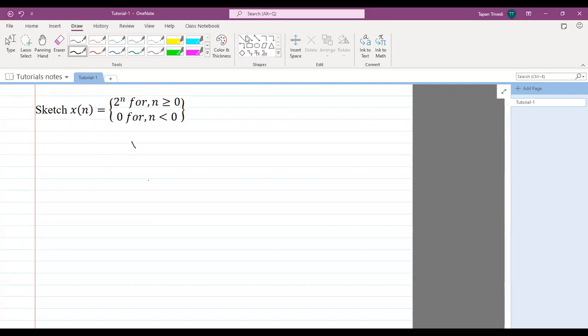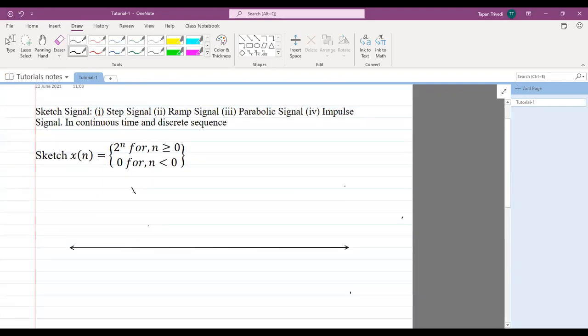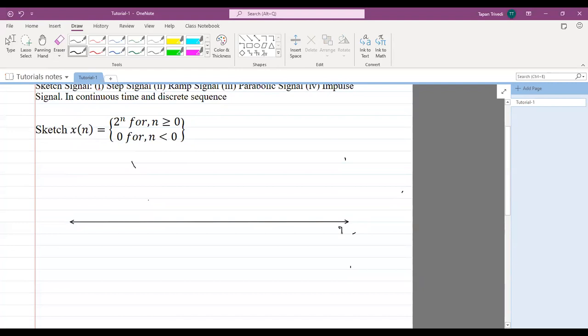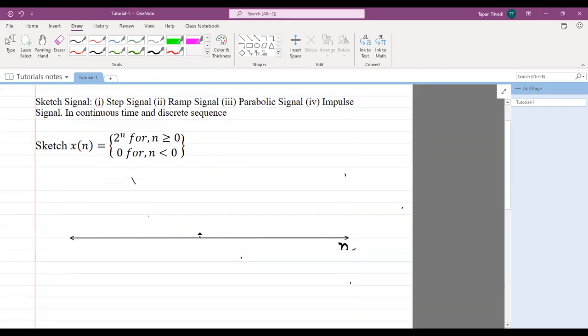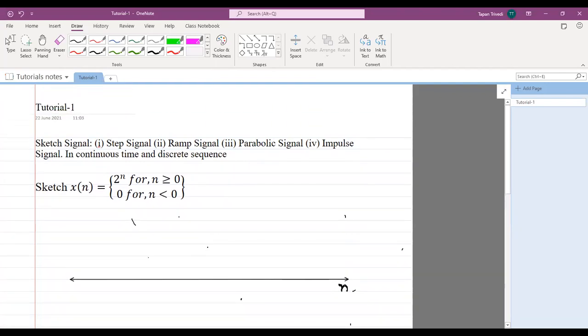So on the x-axis, we will have n. And here we will start from 0.